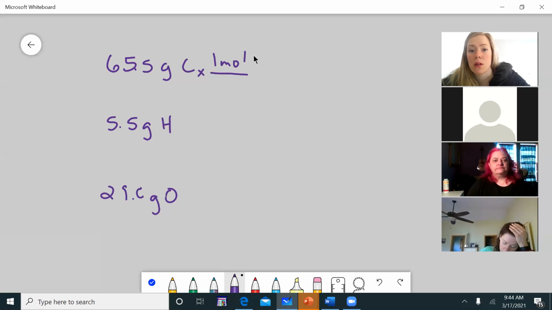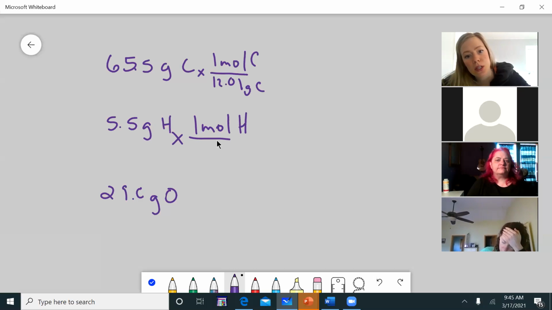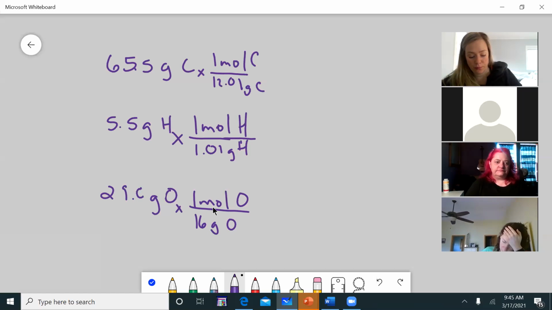So 1 mole of carbon, 12.01 grams. 1 mole of hydrogen, 1.01 gram of hydrogen, 1 mole of oxygen, 16 grams of oxygen.